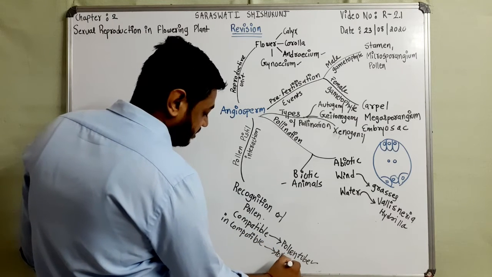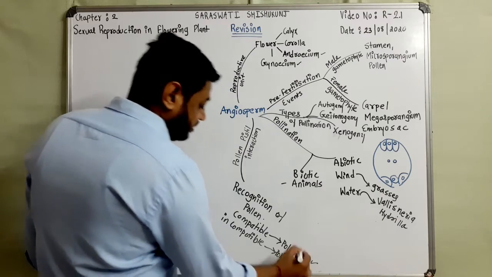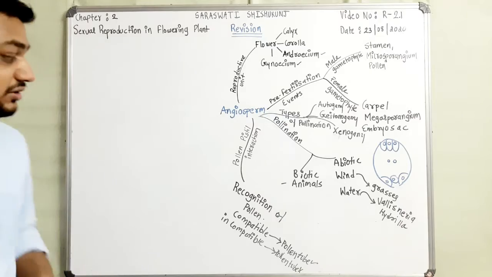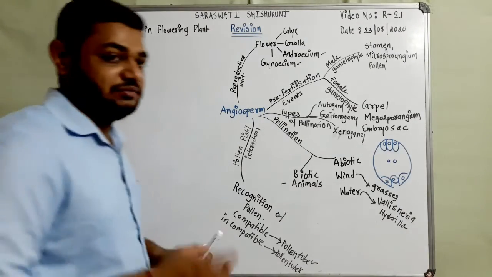So this will be rejected. The right type will be allowed to develop the pollen tube, while the wrong type will be inhibited.